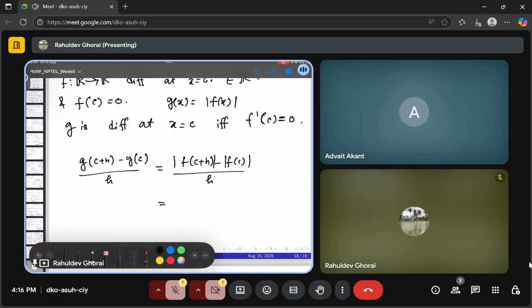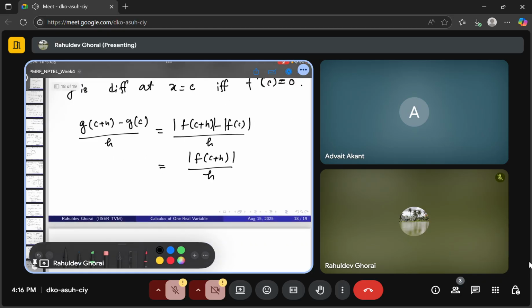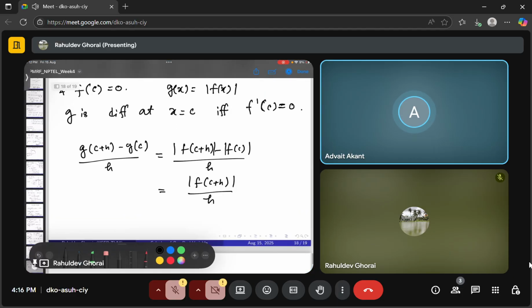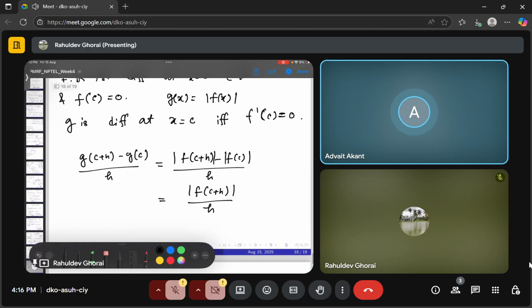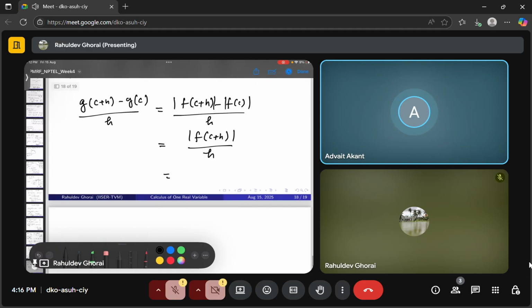So what is f of c? f of c is anyway 0, it is given to you, right? So it is mod f of c plus h over h. Then we can multiply and divide by mod f of c plus h, assuming it is not 0.